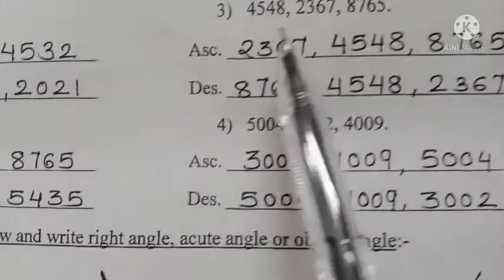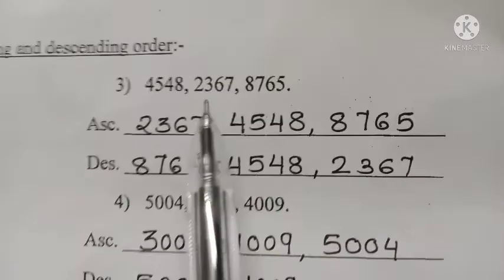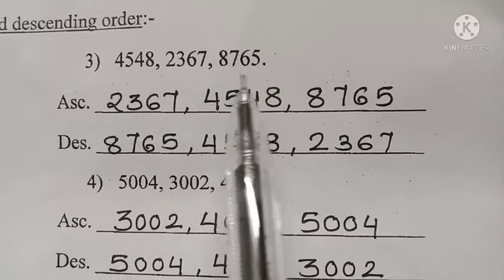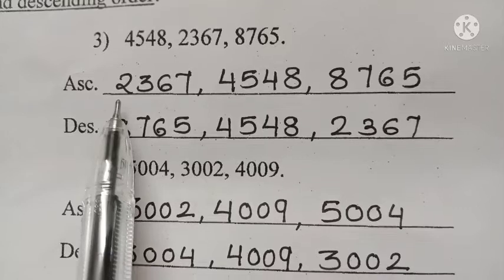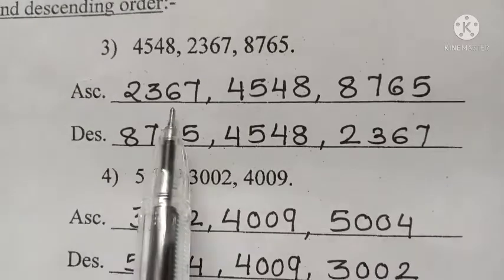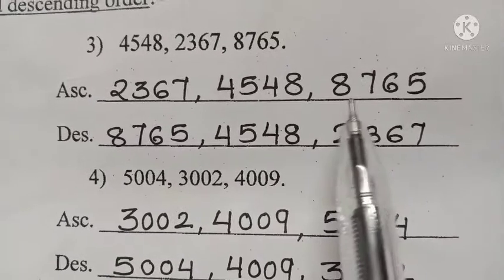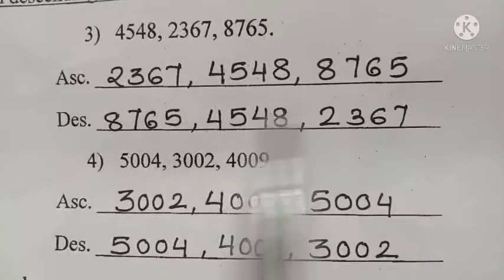Now see this question number 3 here given 4548, then 2367 and 8765. Now the ascending order is smaller to bigger, means first we have to write down the number 2367, then 4548 and the bigger number is 8765.